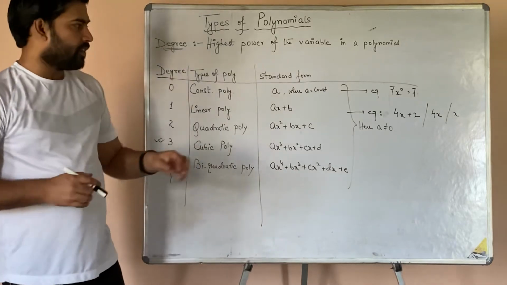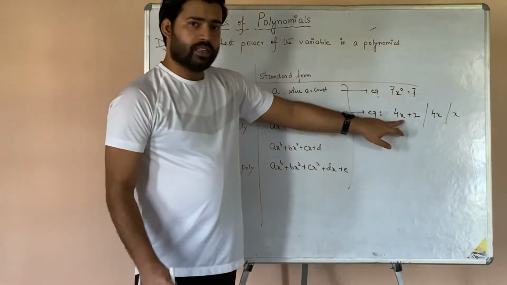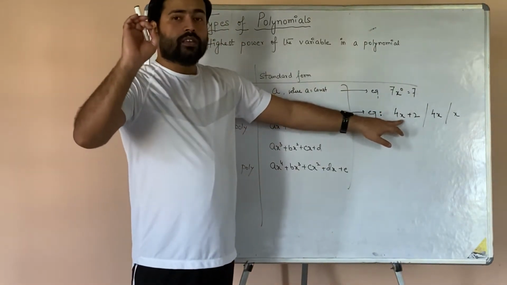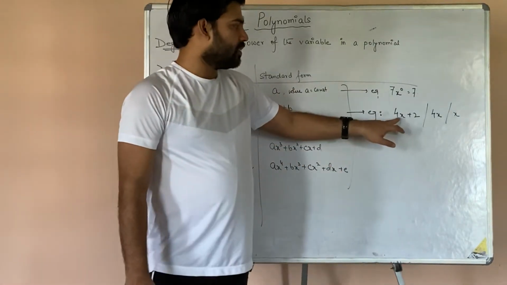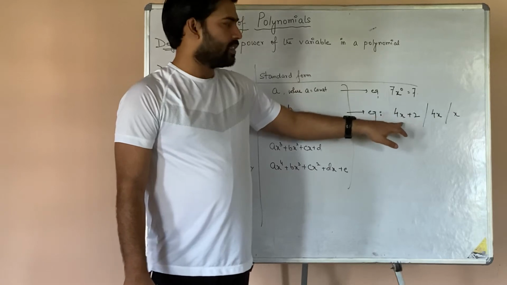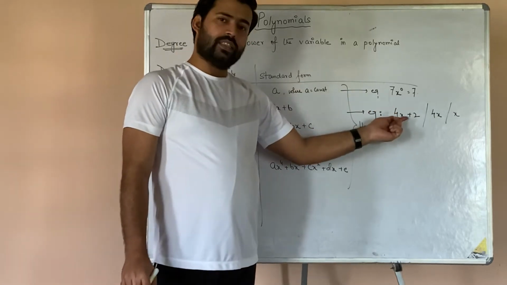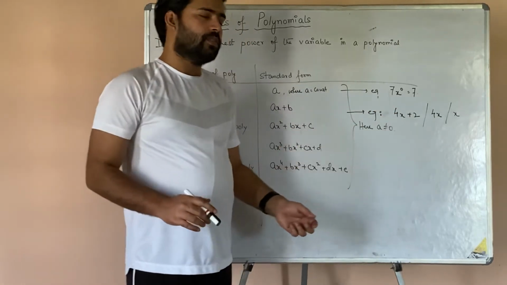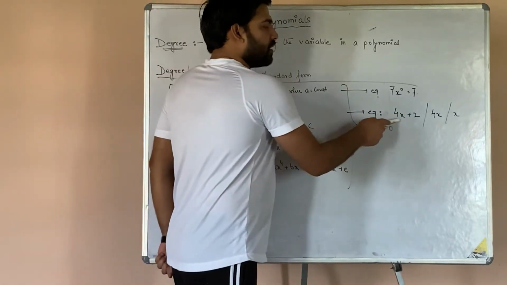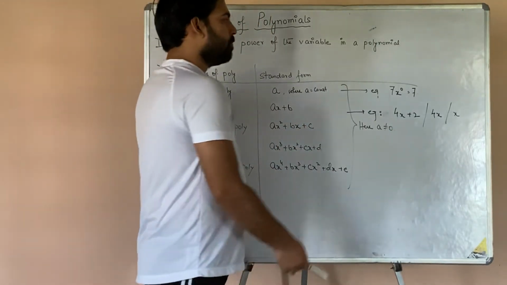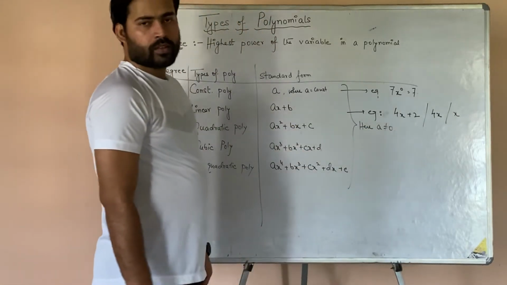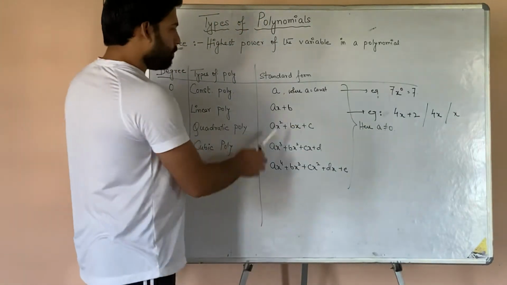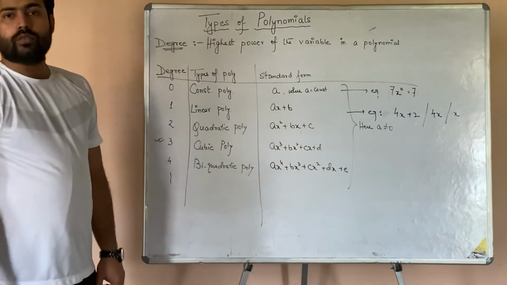Here x's power is 1, so this term is basically determining the degree of the polynomial. So if this is the one which is defining the degree, then this particular term's coefficient, the a part, should not be equal to 0.